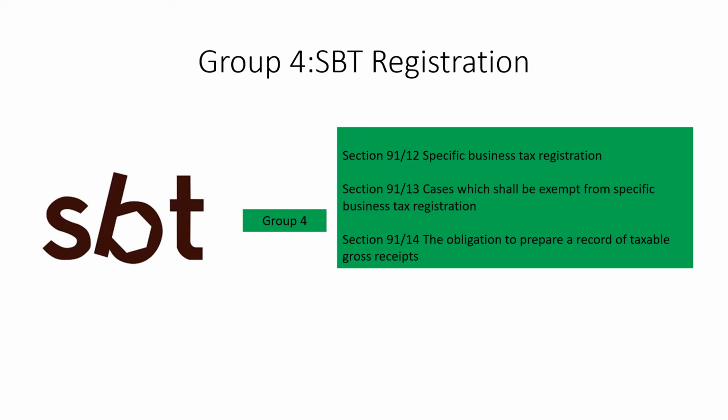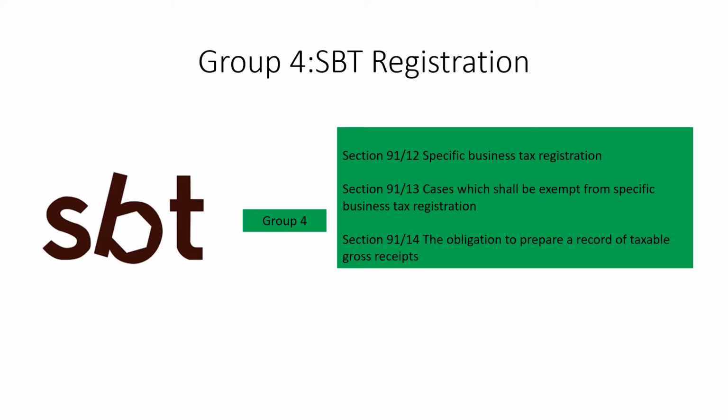Following the registration process, Section 91/14 gives the taxpayer an obligation to prepare a record of taxable gross receipts. The tax authority cannot audit or assess your tax liability without your record of taxable gross receipts.